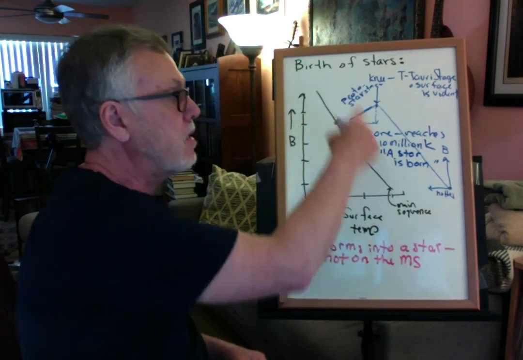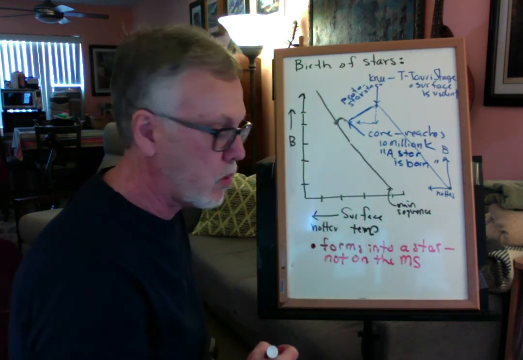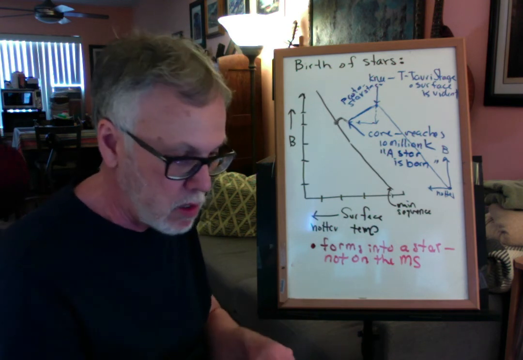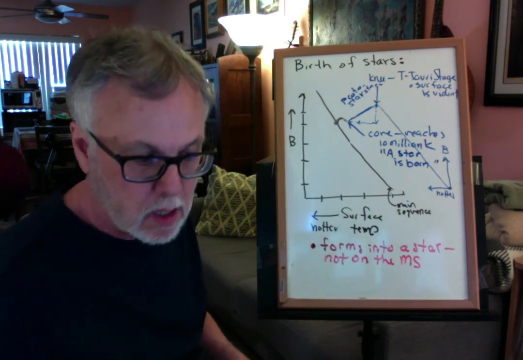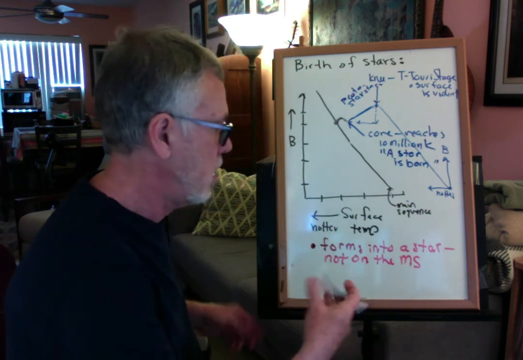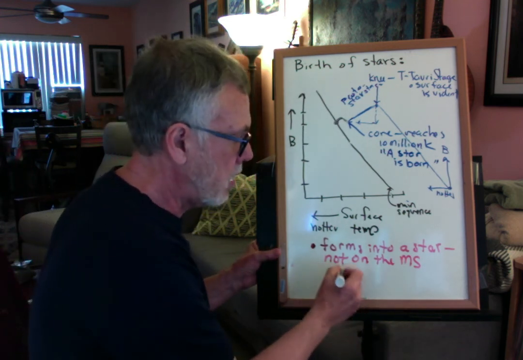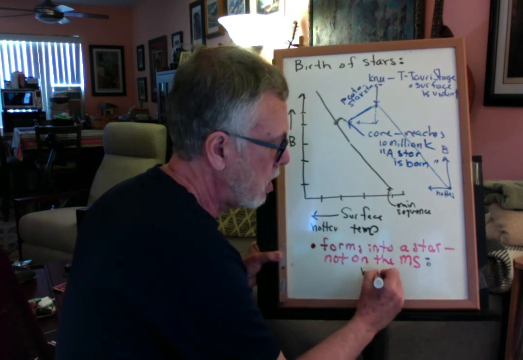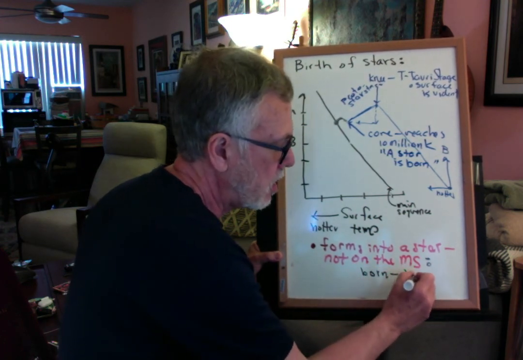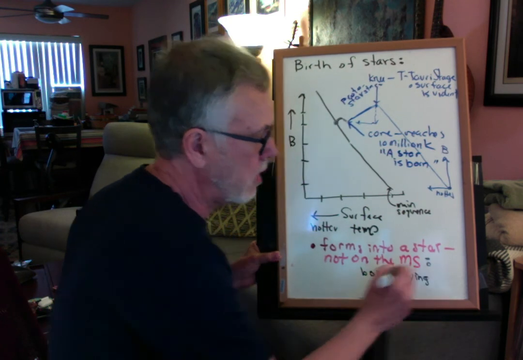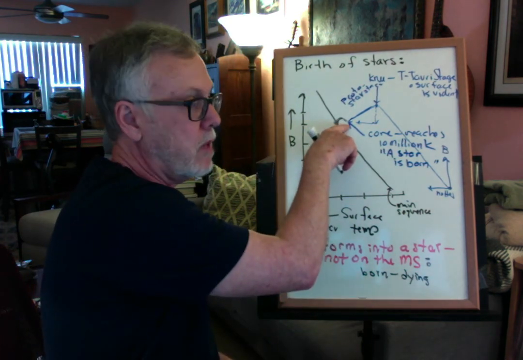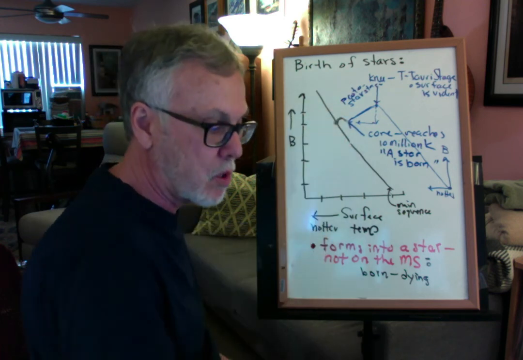It has to stabilize, and then it hops on to the main sequence. So remember, there's two ways that a star is not on the main sequence: being born or dying. We'll talk about that in Unit 3. So as it is birthed here, it's not on the main sequence, and then it stabilizes and goes on.